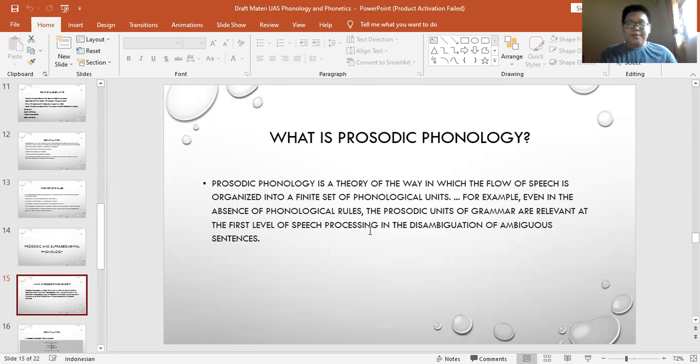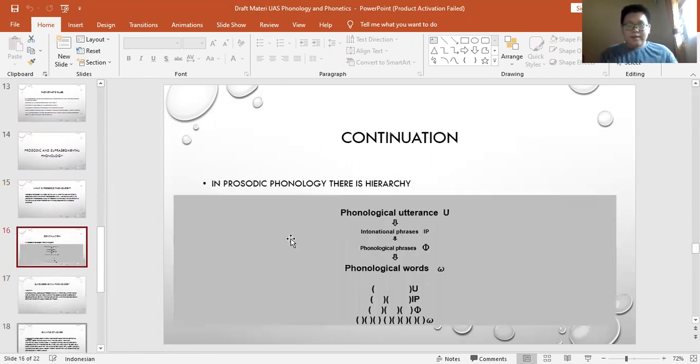For example, even in the absence of phonological rules, the prosodic units of grammar are relevant at the first level of speech processing in the disambiguation of ambiguous sentences. In prosodic phonology, there is a hierarchy: phonological utterance or U, intonational phrase IP, phonological phrase, phonological words.